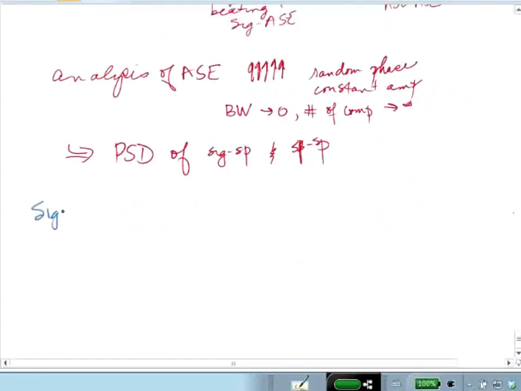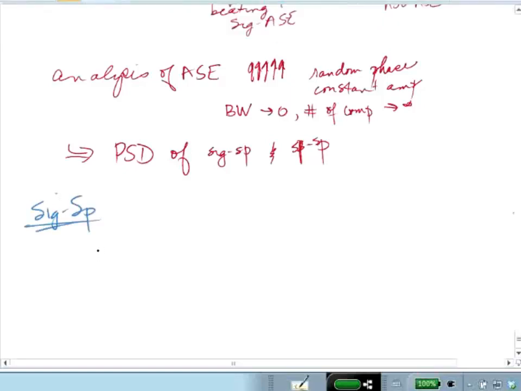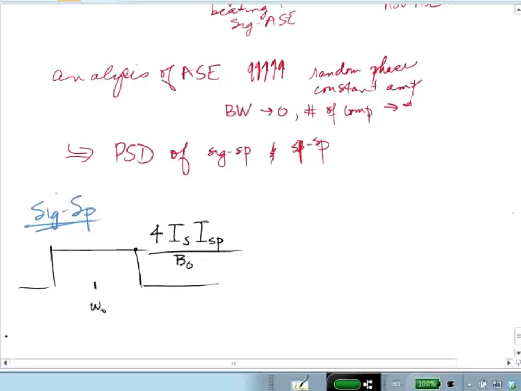So the signal-spontaneous term. In this case, we get a flat PSD whose height is proportional to 4 times the photocurrent induced by the signal times the photocurrent induced by the spontaneous emission divided by B0. That's the level of the power spectral density centered on the optical frequency with a total bandwidth of B0.